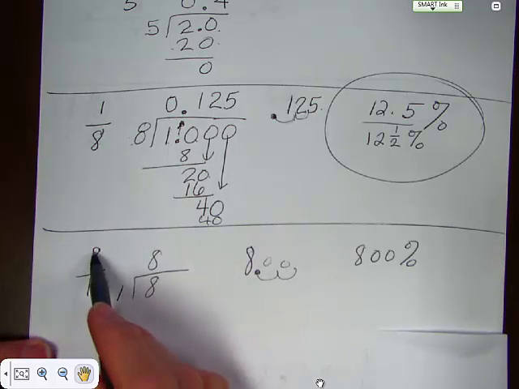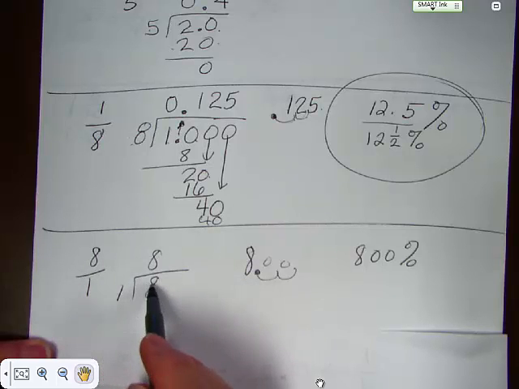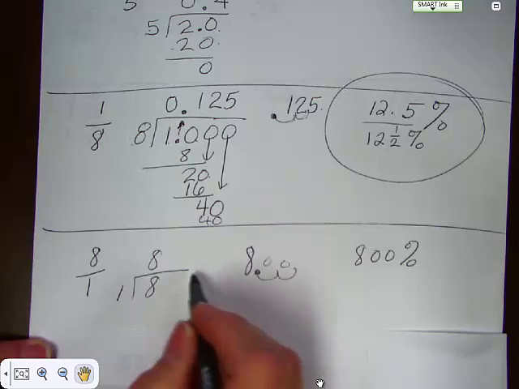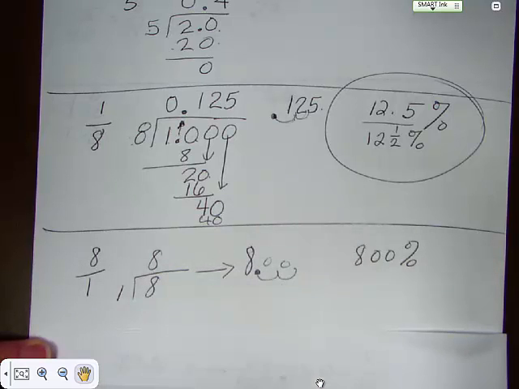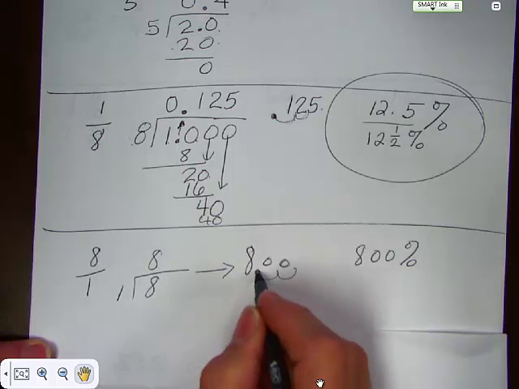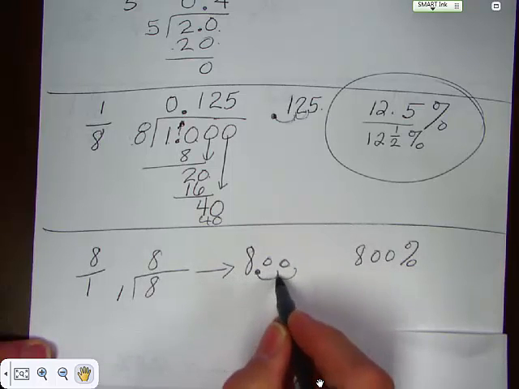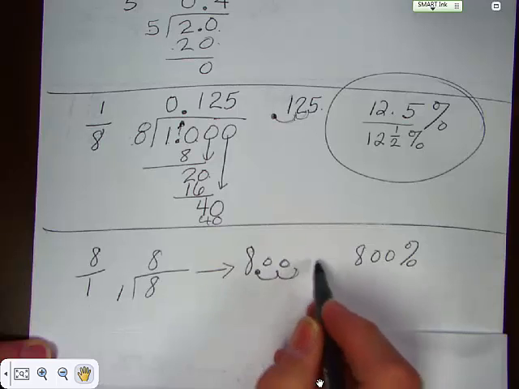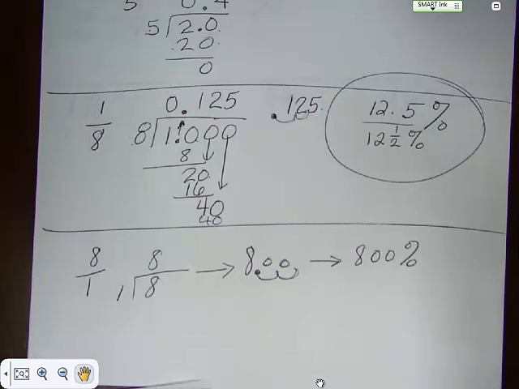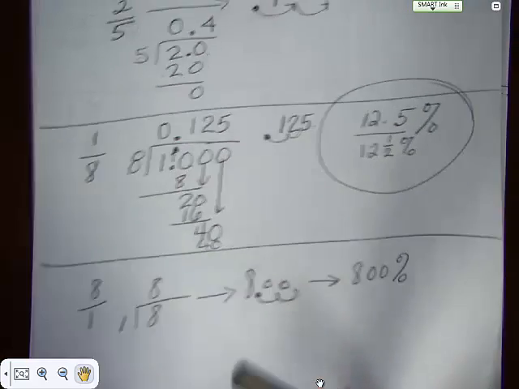We have 8 over 1, which is 8 divided by 1, which is 8. Duh. Okay, so as a decimal, it would technically be 8.00. There's where the decimal is. You move it over twice like we do with everything else. And as a percent, it is 800%. As I said, anytime the number is over 1, the percent is going to be over 100.